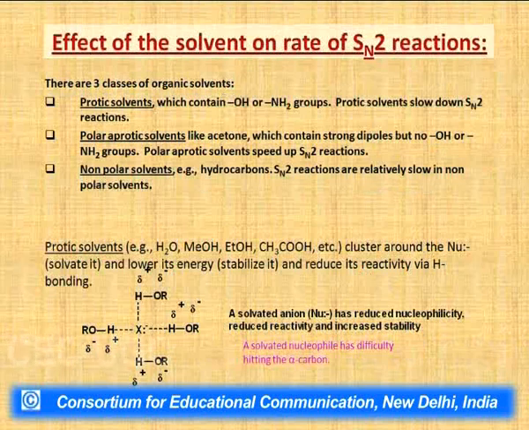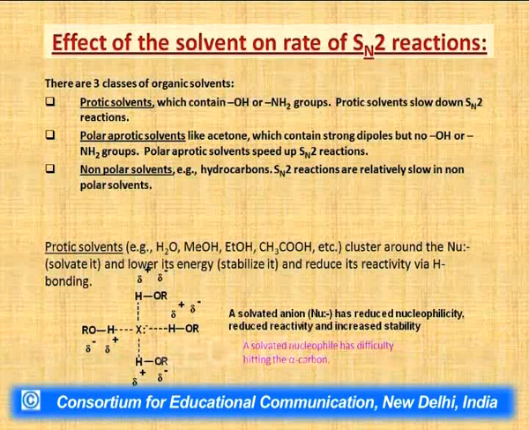Effect of the solvent on the rate of SN2 reactions. Basically 3 types of organic solvents we are considering. Number 1, protic solvents, which contain hydroxyl or ammonium groups. Protic solvents slow down SN2 reaction, we will discuss it later.